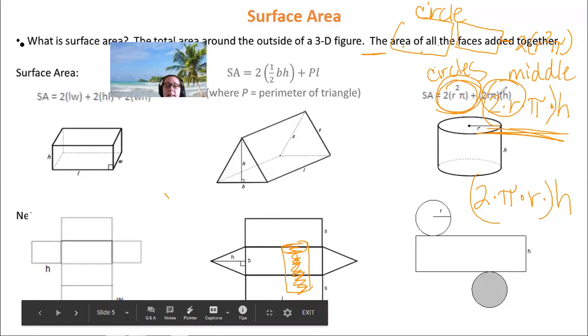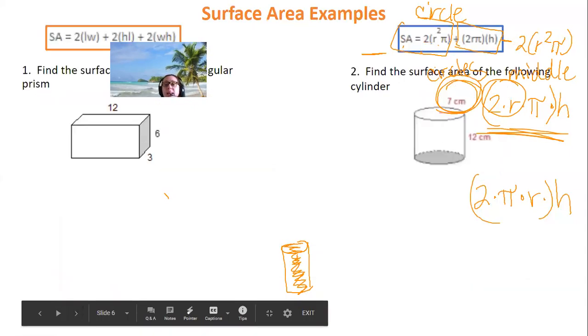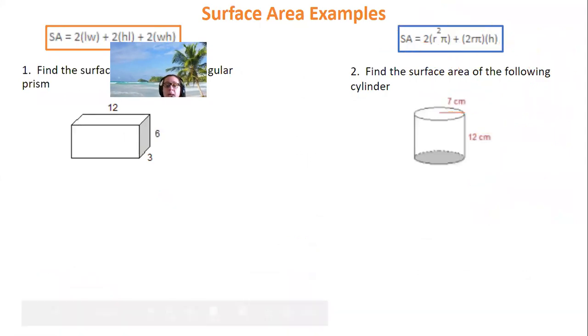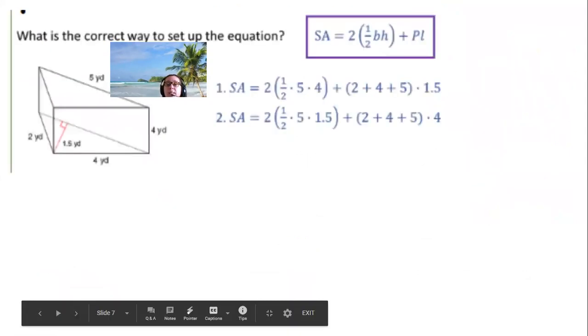All right. So, what do you guys think? Let me get to my other page here. Which was the correct way to set it up?